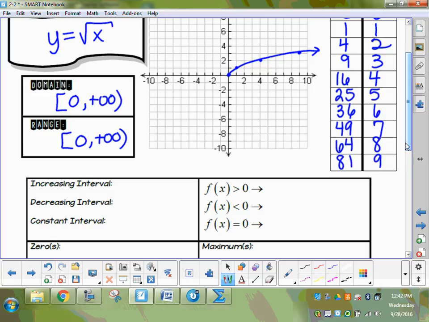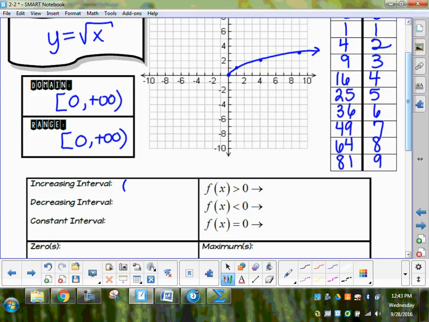At 1, the function's increasing. What interval is it increasing over? You're not wrong, but you're not all the way there. Close. It's going to be from 0 to positive infinity.